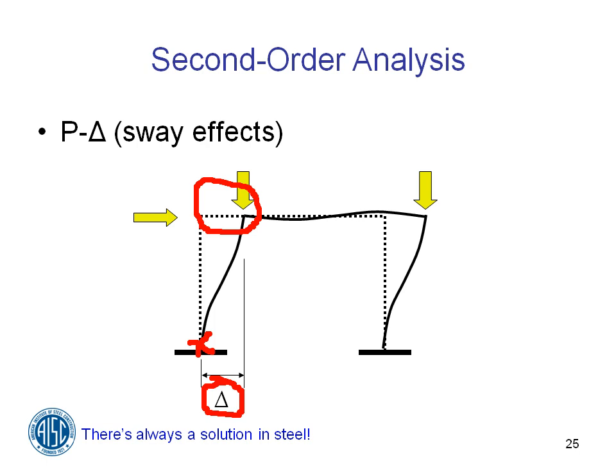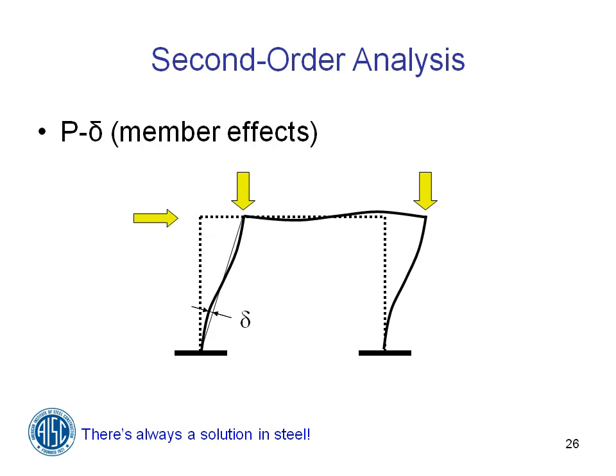That's the P big delta effect. And if we go to what's going on along the member, you see you have this little bit of deflection along the length of the member, and the axial force in the member times that deflection, again, gives you other moments to add to what's going on in the member.